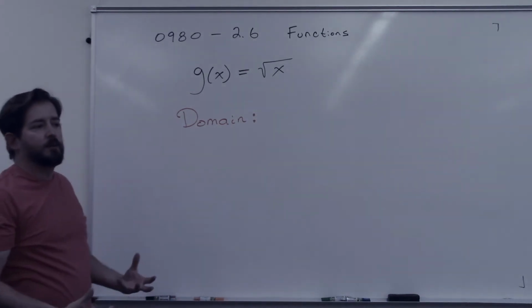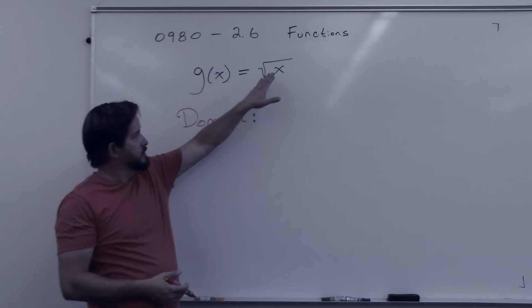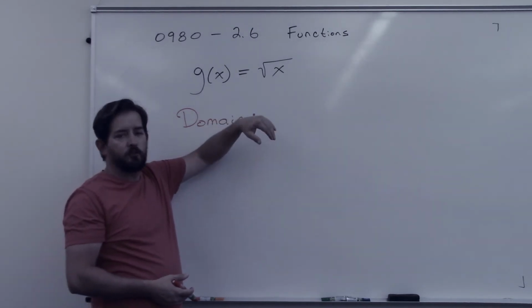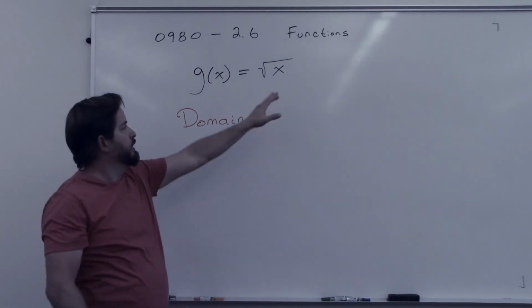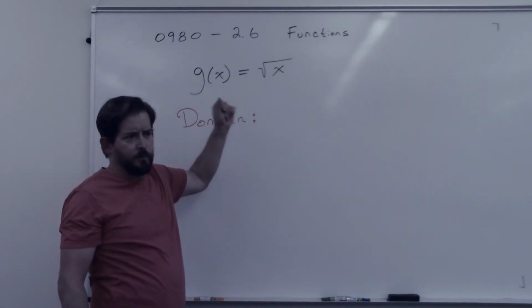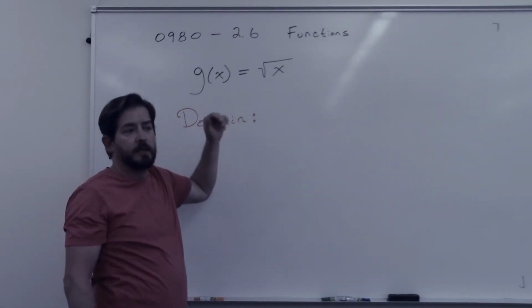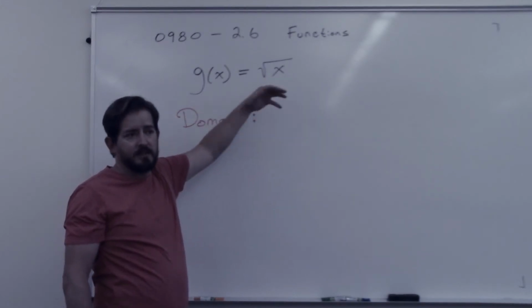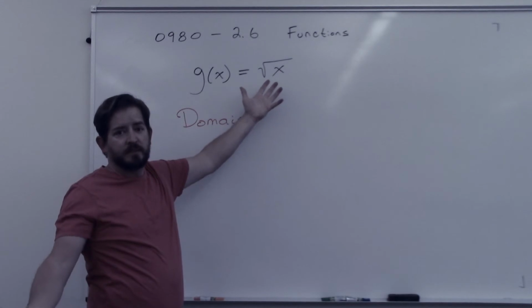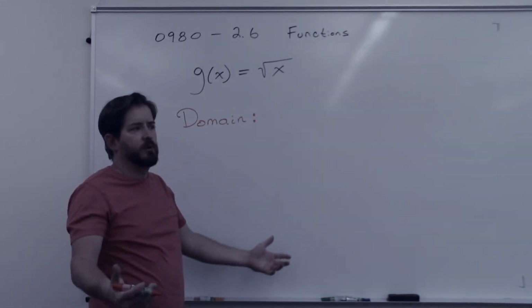Well, it's any number that I can put in for x and get a valid output. So any positive number I could put in, if I put in 4, the square root of that is 2. If I put in 9, the square root of that is 3. If I put in ugly numbers like maybe 5, the square root of 5 is something, it's 2.1 something.